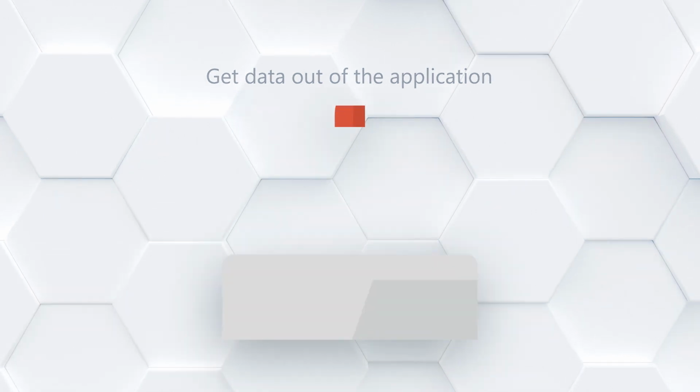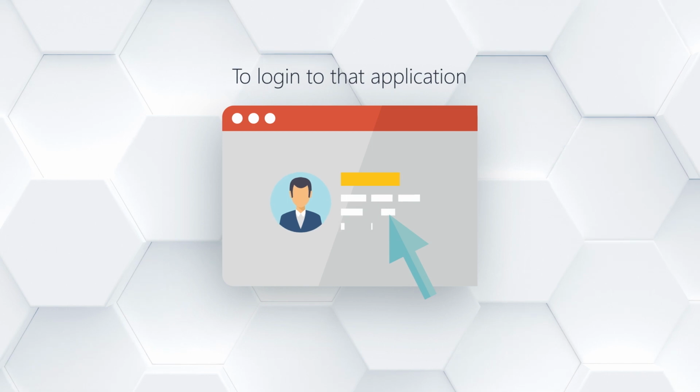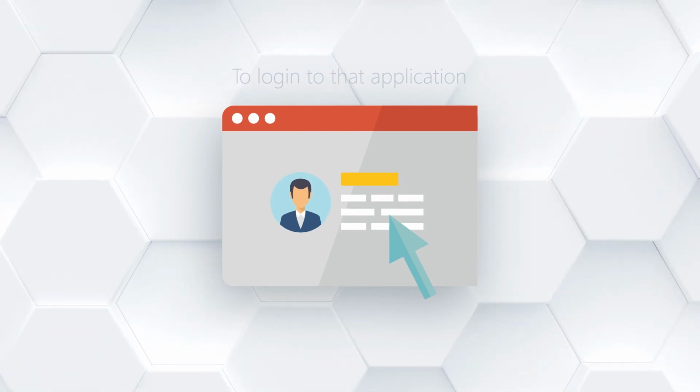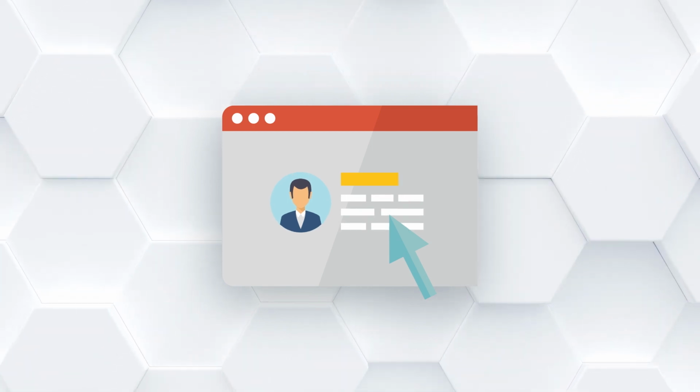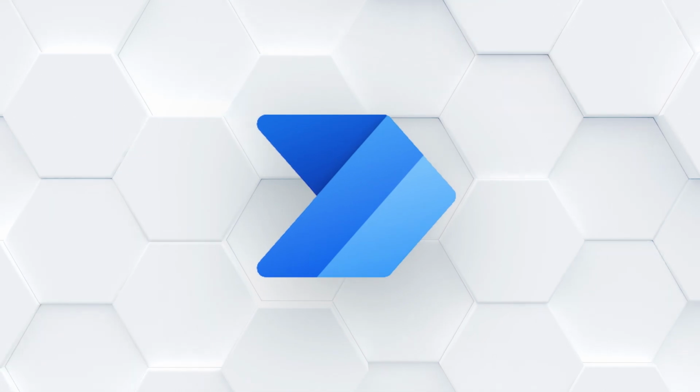Then, once it retrieves that information, just like a human would, it could log into another application and write that information, all behind the scenes. So we can use Power Automate desktop flows to handle repetitive, mundane tasks that a human normally would do, and do that 24/7, 365 in a completely unattended mode without the need for a real human.